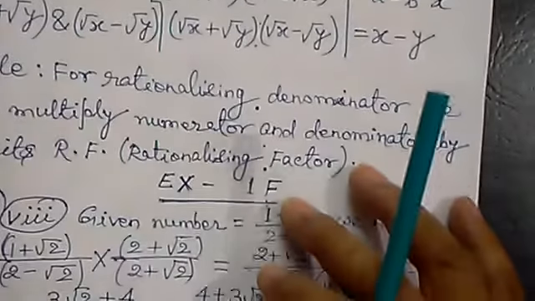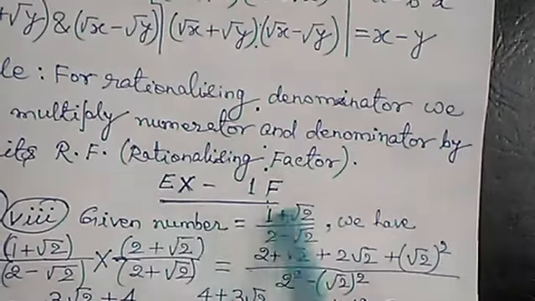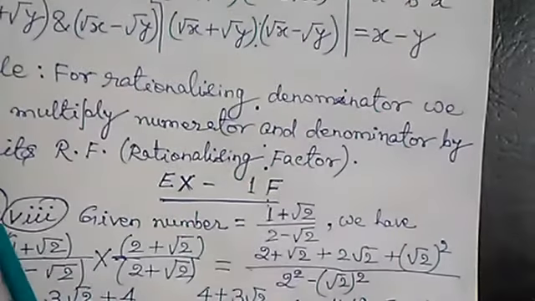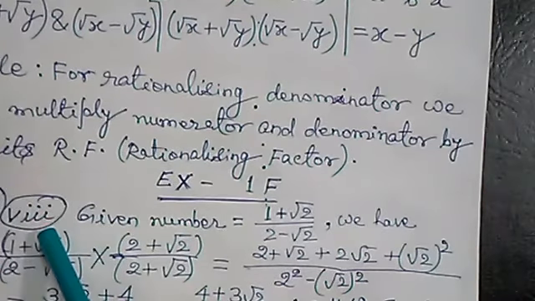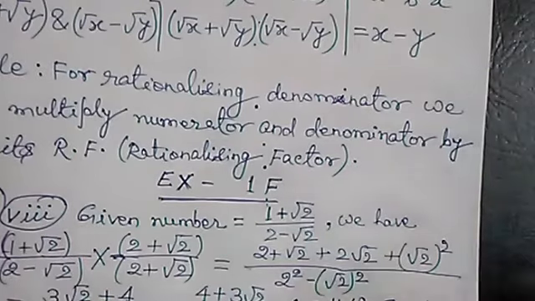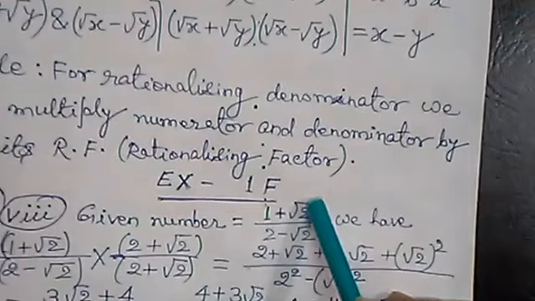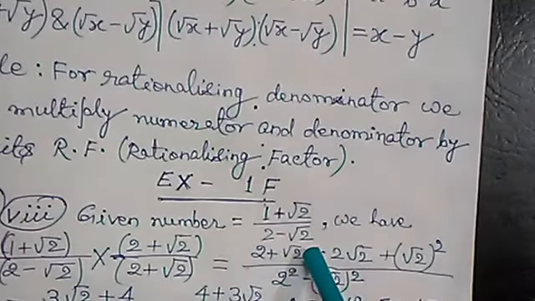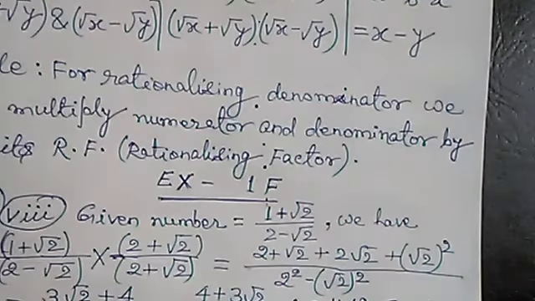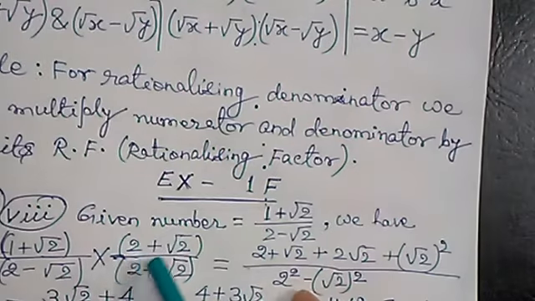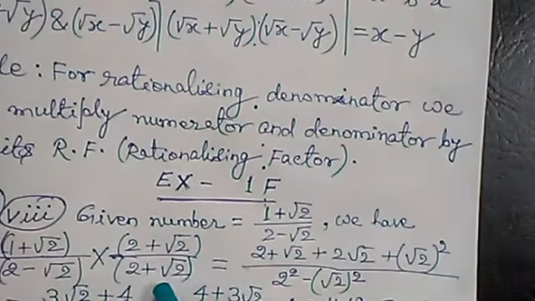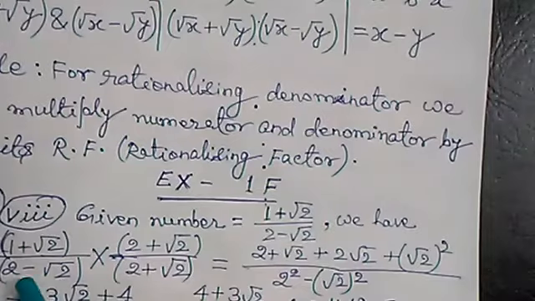Now here we take one sum, from exercise 1F, sum number 8, part 2. The given number is (1 plus root 2) upon (2 minus root 2). First of all, you have to rationalize it by the RF, the rationalizing factor, with the opposite sign of the denominator.